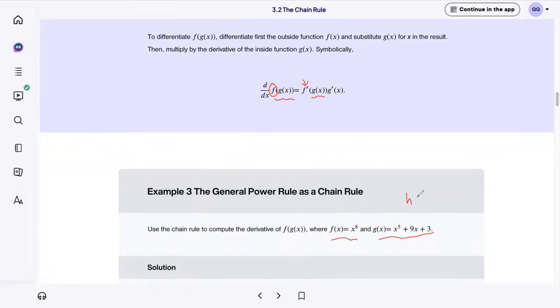The h function is x raised to 5 plus 9x plus 3, raised to 8. So what's h prime? We take the derivative of the outside, f. The 8 comes down, x raised to 5 plus 9x plus 3 raised to 7. Then multiply by the derivative inside, 5x raised to 4 plus 9. That's it.